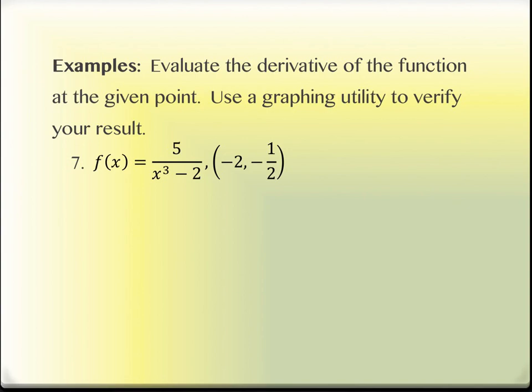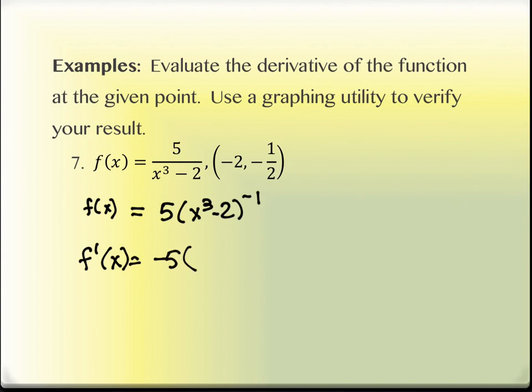All right, so if we rewrite this as 5 and then it's x cubed minus 2 to the negative 1, we can see how it would be rewritten in a form that looks more like a chain rule. We can take the derivative by pulling that negative 1 down with a 5, so that's negative 5. We rewrite the inside and decrease our power by 1.